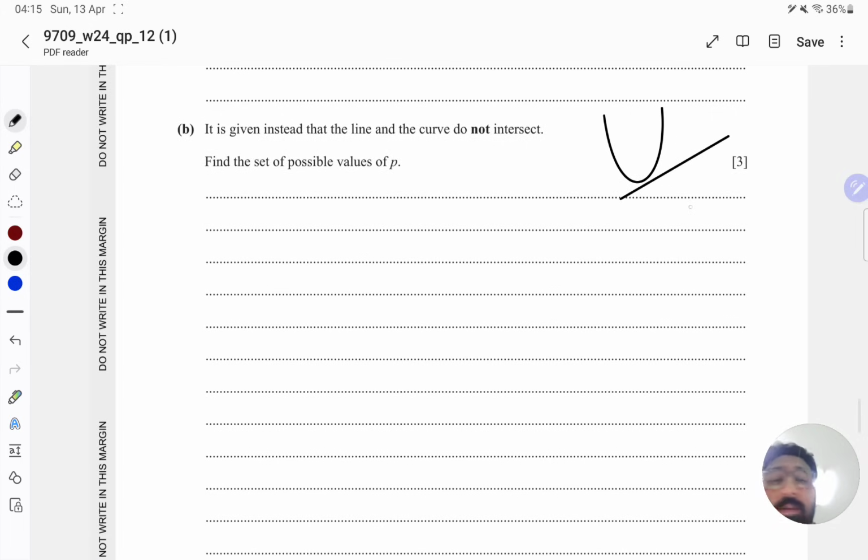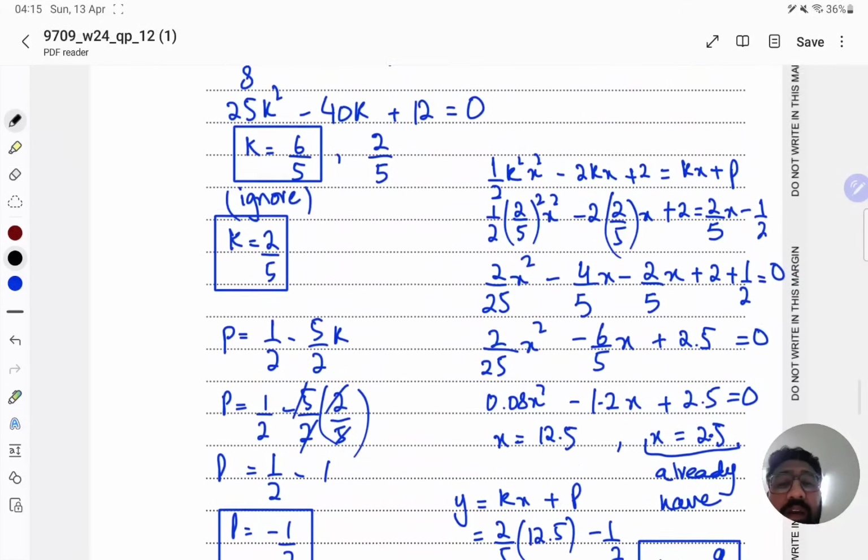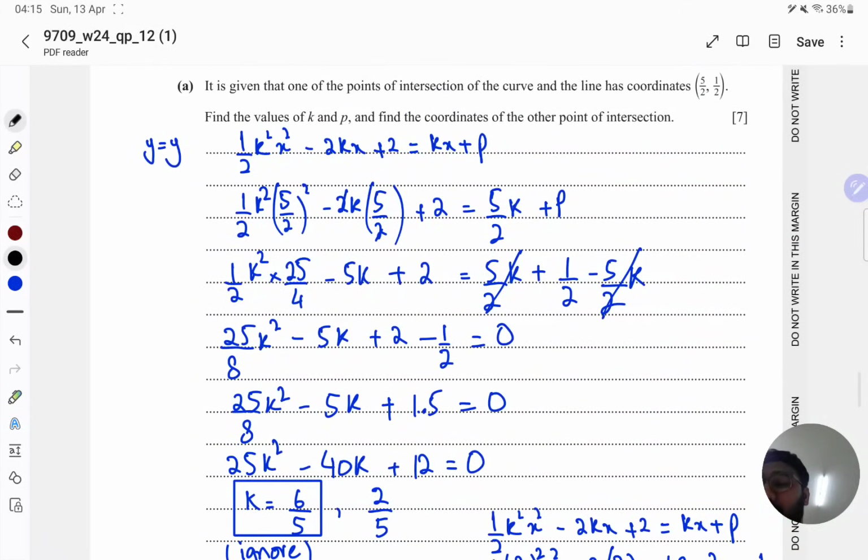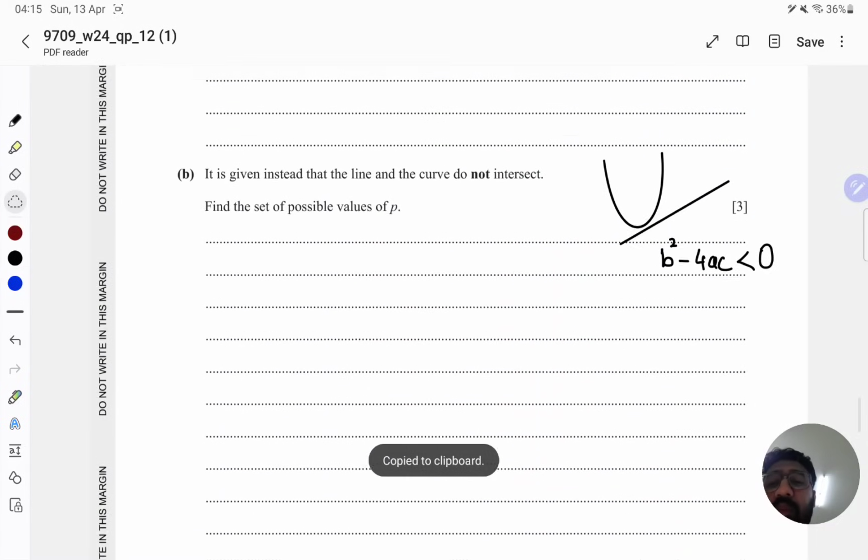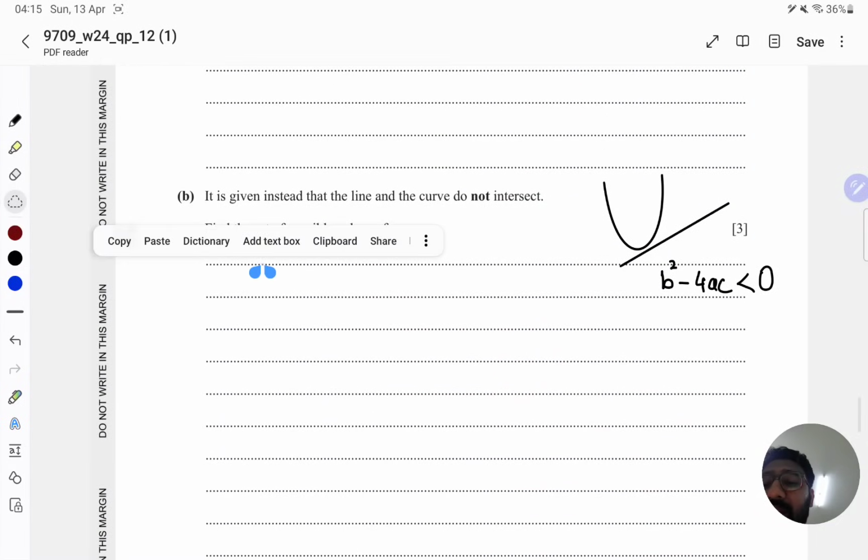It means that b squared minus 4ac will be less than 0. You need to find the set of possible values of p. So that's the same thing. We need to use this equation again that we had earlier.